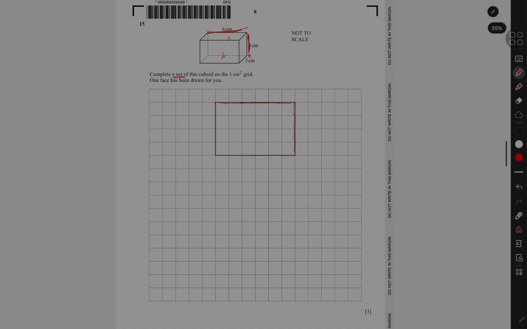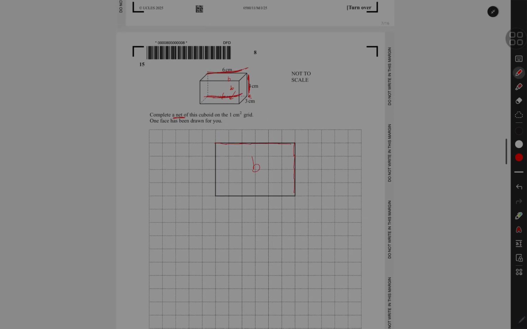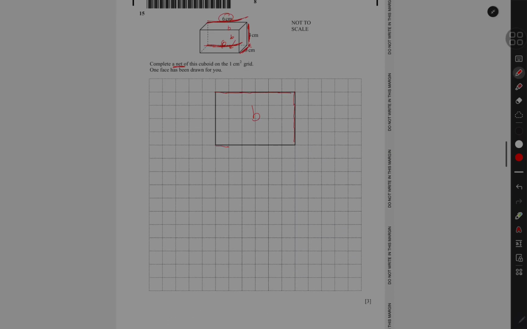So this we know is the back side. Now we come to the lower side. The dimensions of the lower side are 6, so it's the same as this 6, times 3. So 1, 2, 3, 4, 5, 6 times 1, 2, 3.